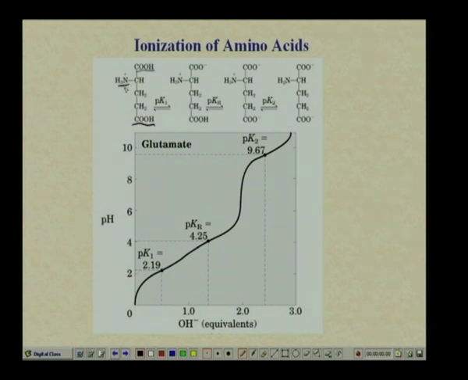At this point, all of them are protonated. Why? Because my pH is very low. So, at my low pH, that is at this region here, all of these are protonated. I am now adding OH minus. What is going to happen?